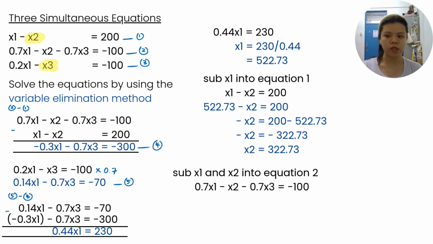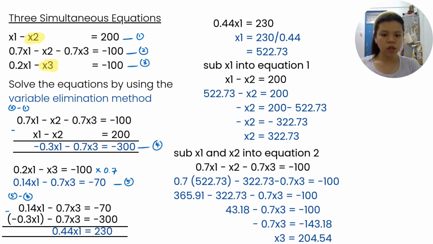After finding the answers of x1 and x2, we can substitute both of them into equation 2, which is 0.7x1 minus x2 minus 0.7x3 equals negative 100. After substituting x1 and x2 into equation 2, we will get 365.91 minus 322.73 minus 0.7x3 equals negative 100.